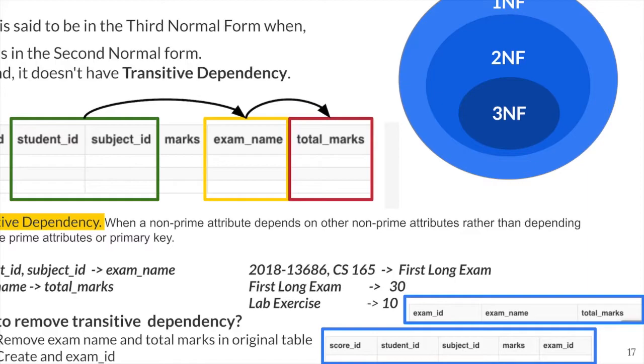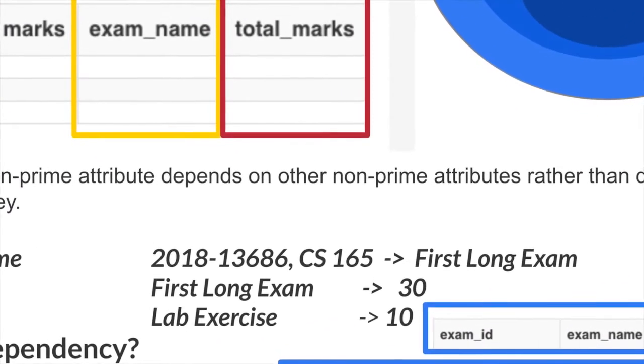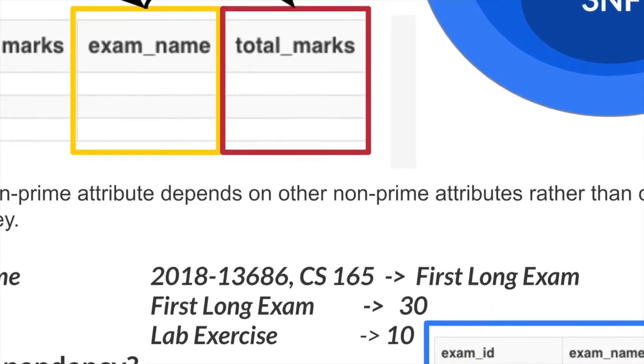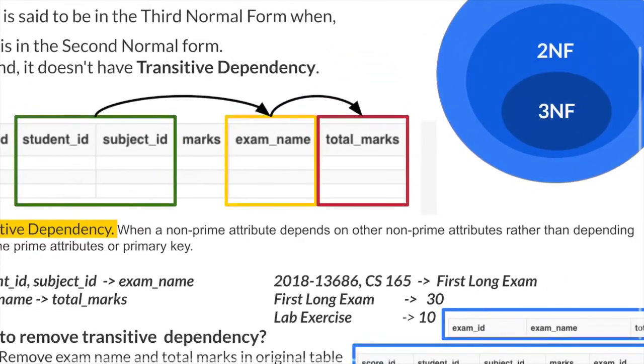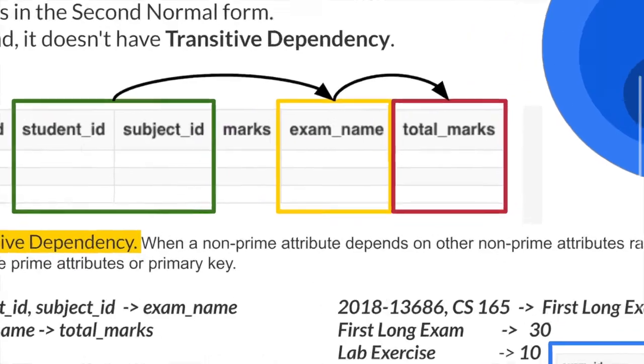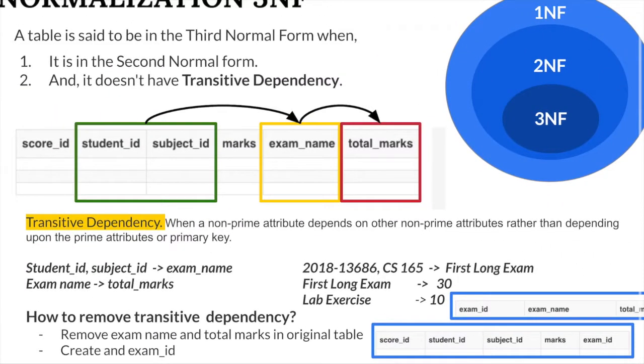So, merong functional dependency yung total marks depende sa exam name. Ang problem with this is, since we have this type of relationship na, we can also deduce na total marks has a functional dependency on the student ID and subject ID, so by transitivity.